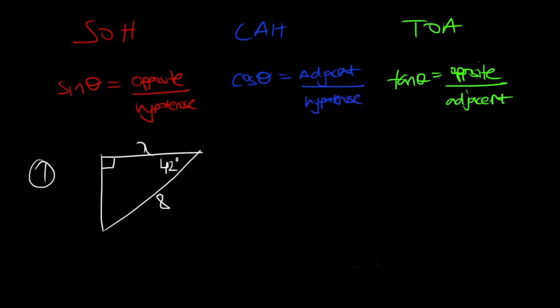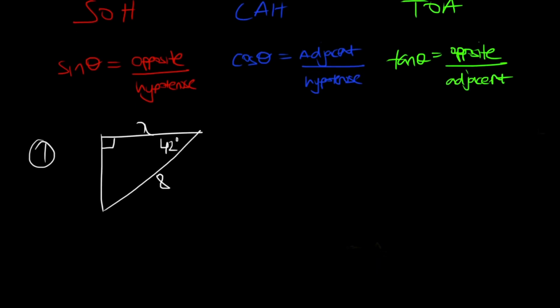The first thing to do is to identify what sides we've been given and what side we need to find in relation to this angle here. This 8 that we've been given is opposite the right angle, so this is the hypotenuse. I'll just write H. Now this side x, the missing side, the one that we need to find, is the adjacent side since it's next to this angle here.